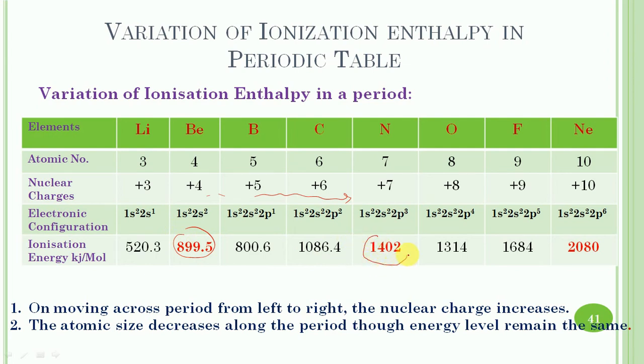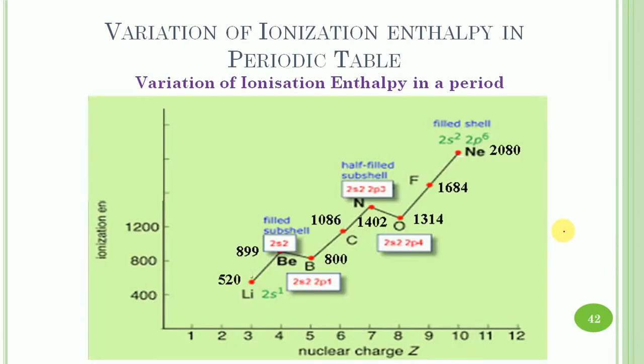Nitrogen has higher ionization energy due to a partly filled orbital, and neon has the maximum ionization energy due to completely filled orbitals. So as we move left to right in a period, the ionization energy increases due to the increase in nuclear charge and due to the decrease in atomic size.